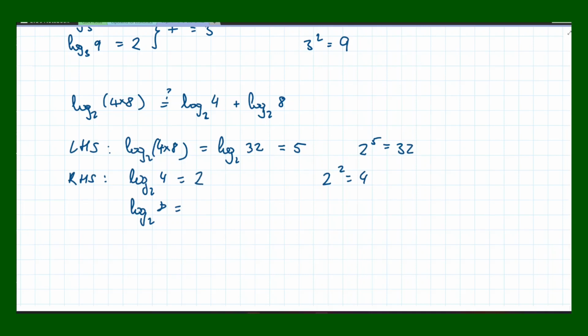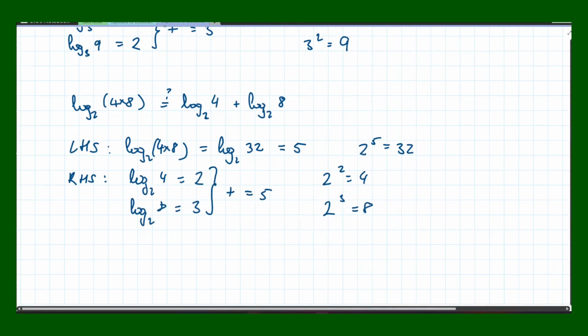But I also know that 2 cubed is equal to 8, so log base 2 of 8 is equal to 3. Remember, the logs are the exponents, the powers. That's the way that we created this concept in the first place. The right-hand side is the sum of these two, so that has to be equal to 5.